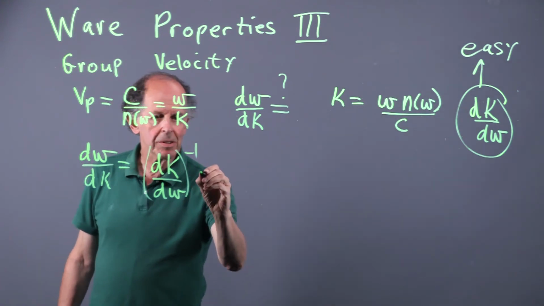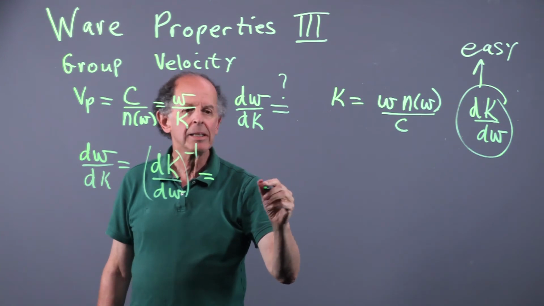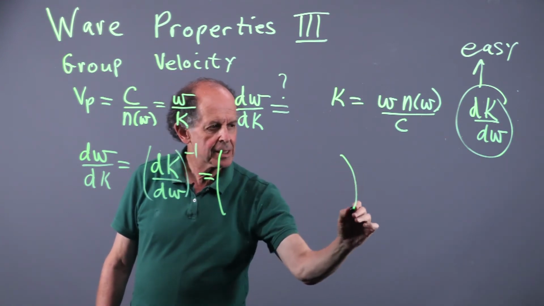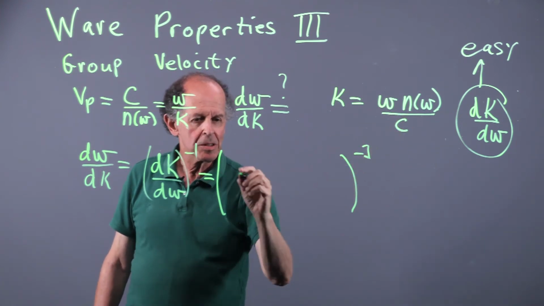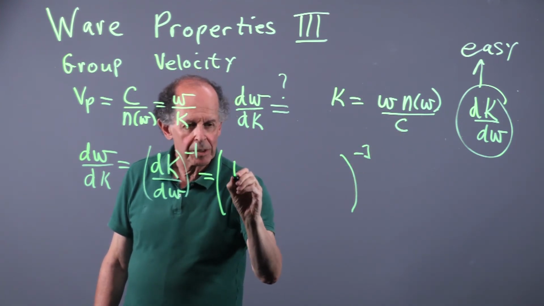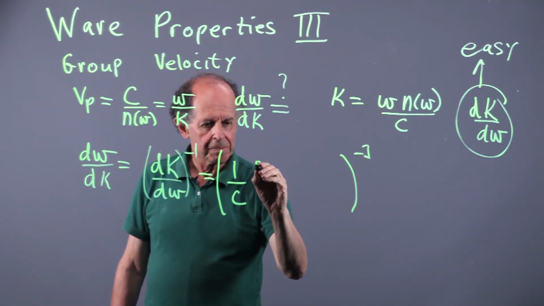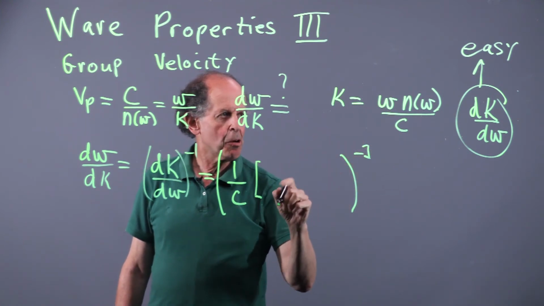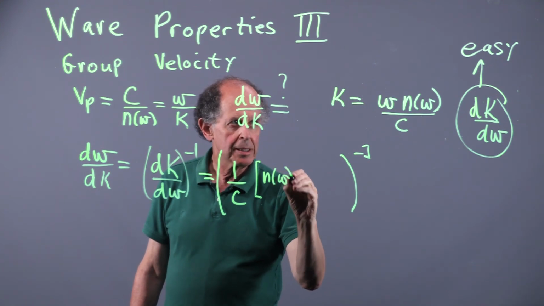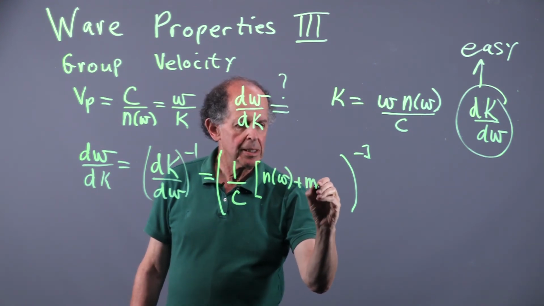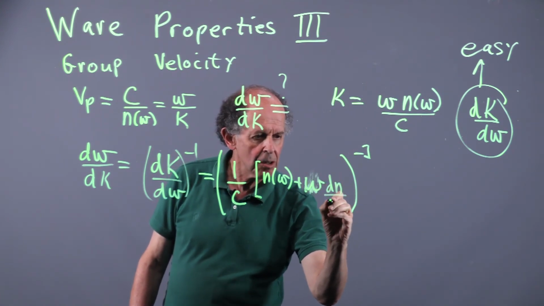We just do the derivative. Differentiate this with respect to omega and raise it to the power of minus 1. We have a product on the top. That's a constant, so we put 1 over c. And now we differentiate. The derivative of omega, using the product rule, is just 1. So it's n of omega plus omega dn by d omega.